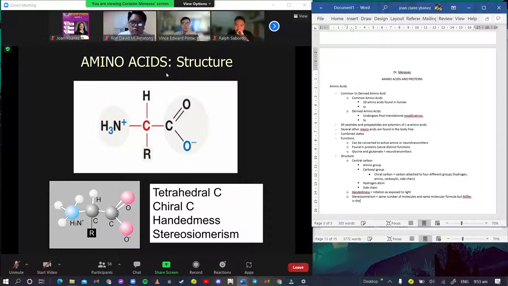Okay, that is correct. Then what is the meaning of the big L and big D isomers? That is one type of isomerism, big L and big D. That's why I am emphasizing that the big D and the big L isomers are different from the small l and the small d, dextro-rotatory or levo-rotatory.